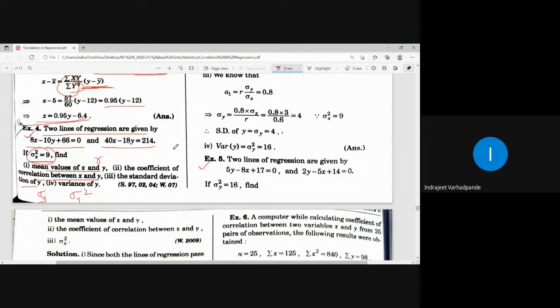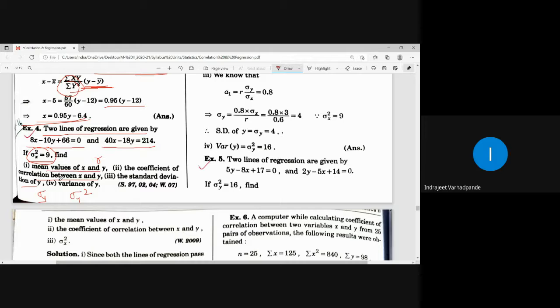Usually, in whichever line the coefficient of y is greater, we consider that equation as the line of regression y on x. Similarly, the equation in which the coefficient of x is greater as compared to the coefficient of y is mostly considered as regression line x on y.